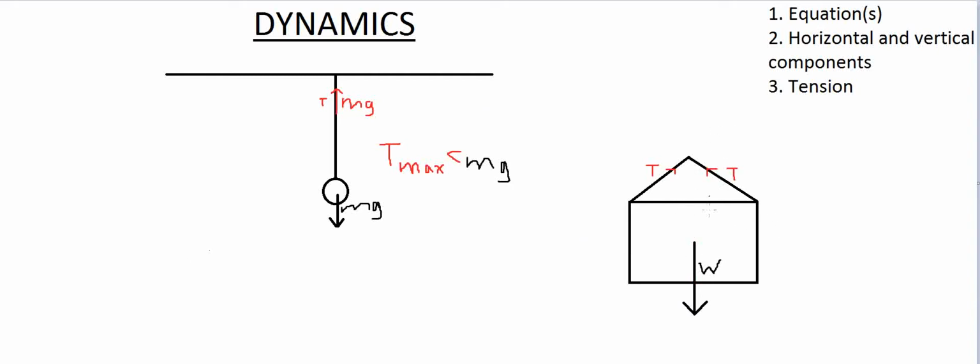The weight vector is supposed to originate from the center of this object, but you can move it around anywhere. So let me draw a diagram here. This is the weight, and you can move the vectors around all you want.